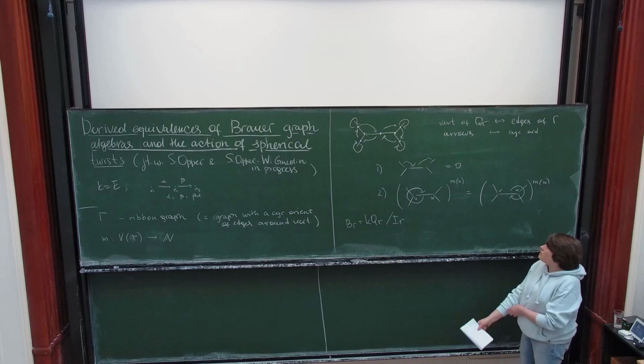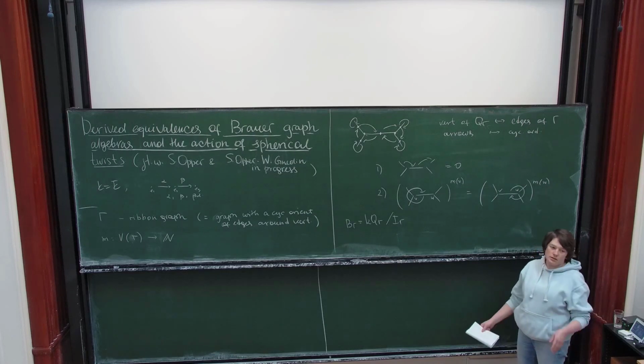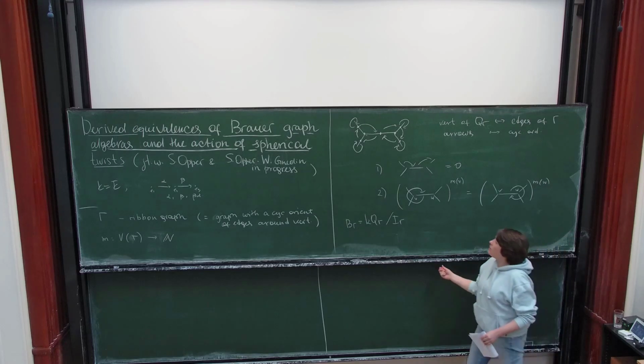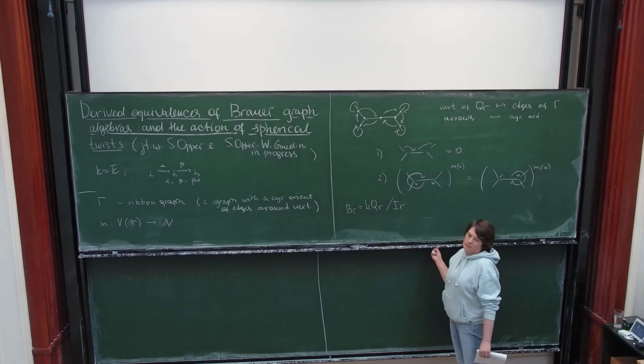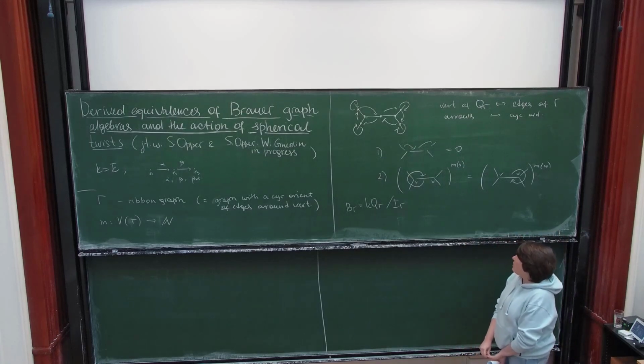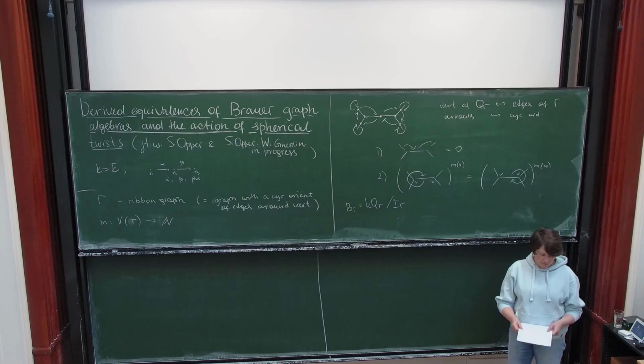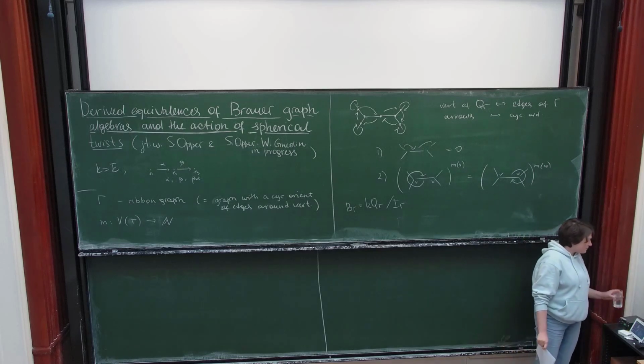There is a classification of finite-dimensional indecomposable modules over such algebras, and a lot of things are known about the module category, but we are going to be interested in the equivalences of derived categories.